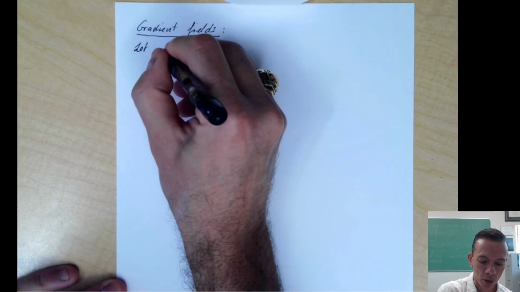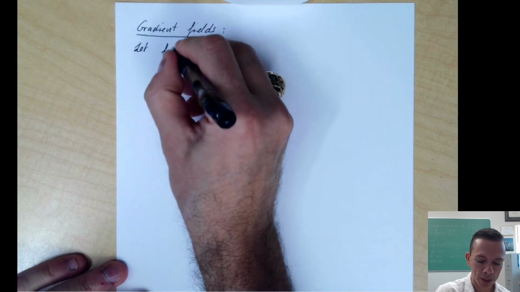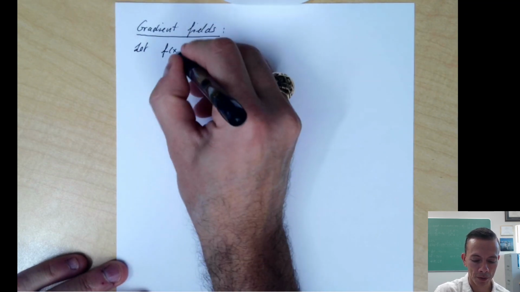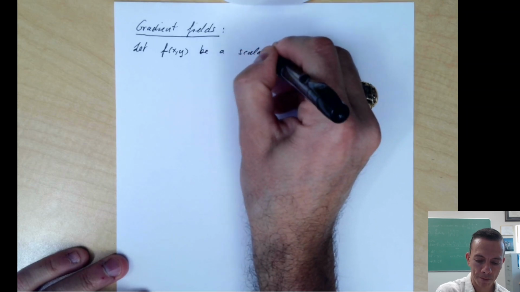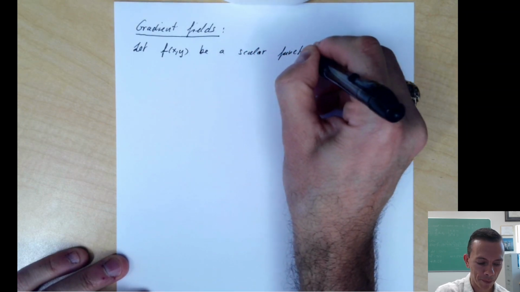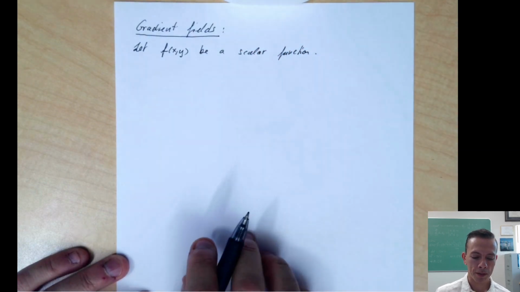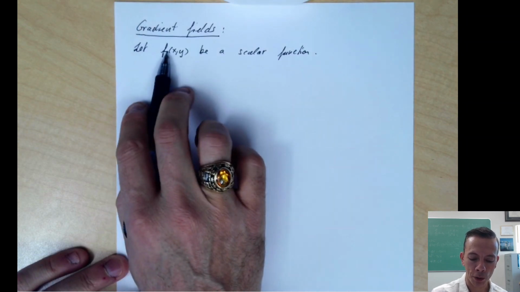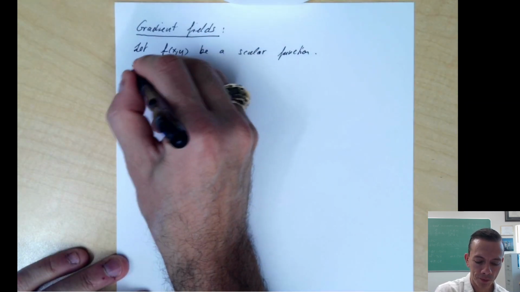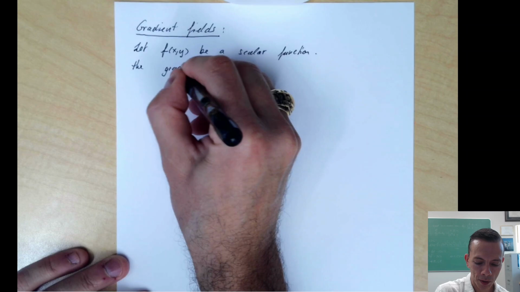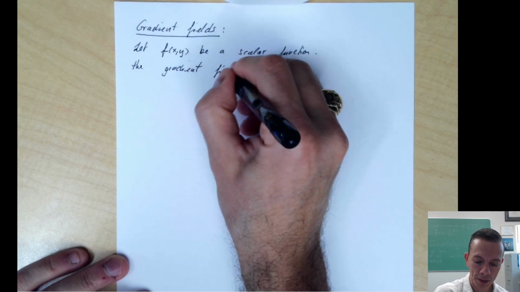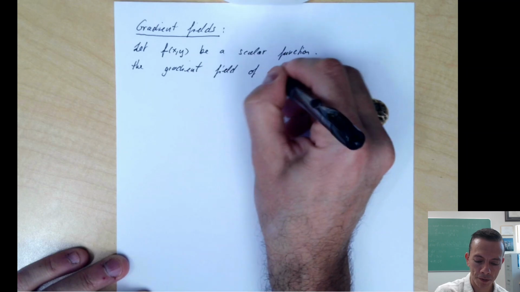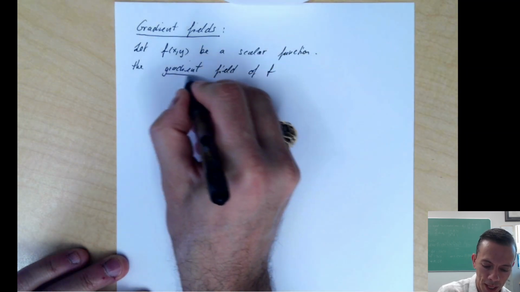So if we go back to a scalar function, little lowercase f of x, y, which means that its output is simply a scalar, you can build a gradient field called the gradient field of f by taking its gradient.